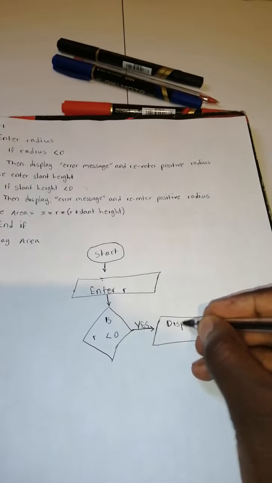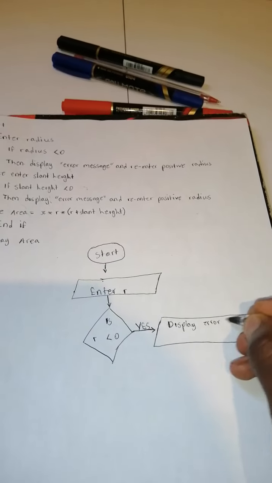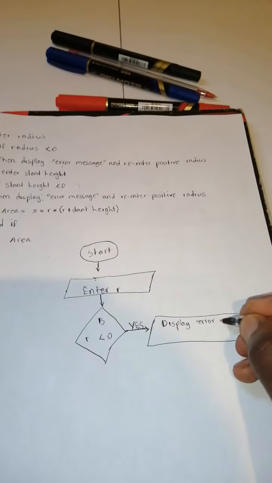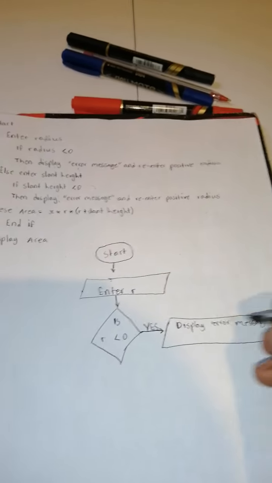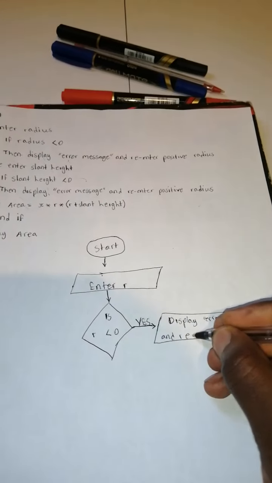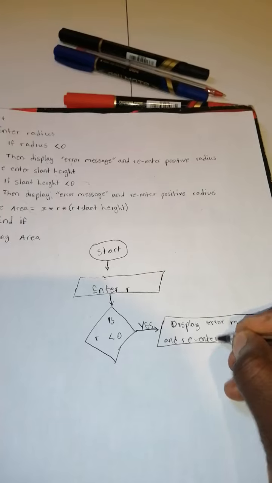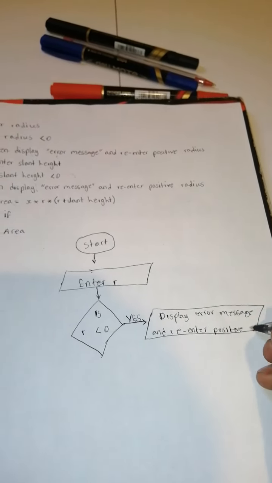So display error message and enter positive radius.